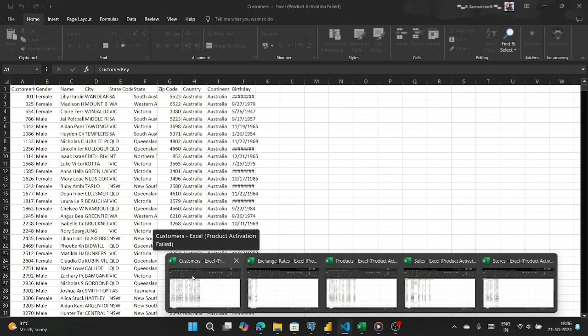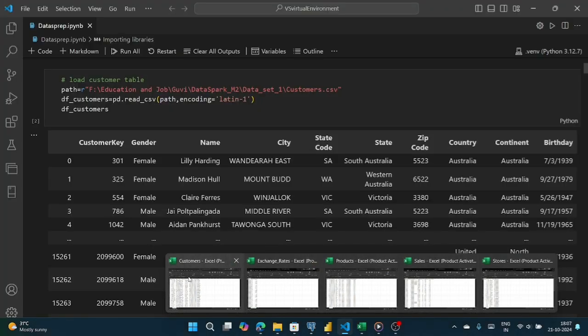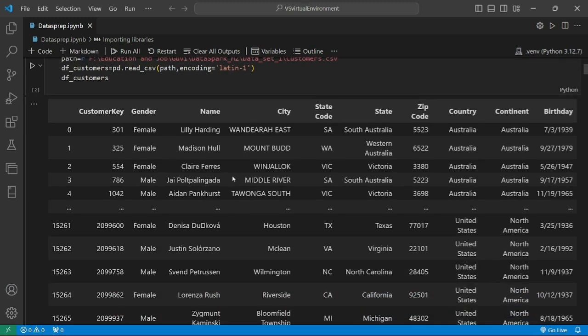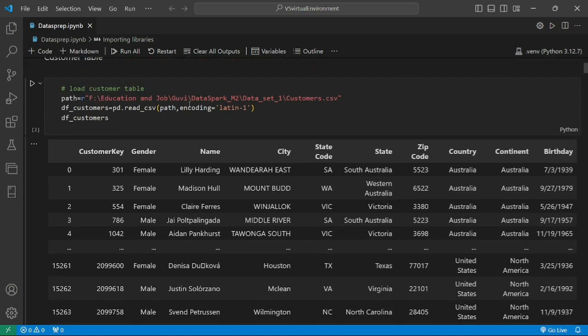These data are raw, with missing values. I already did this, so let me explain. First we are going to load this using pandas. Load means I already have that file in my local folder, so I am going to load this file.